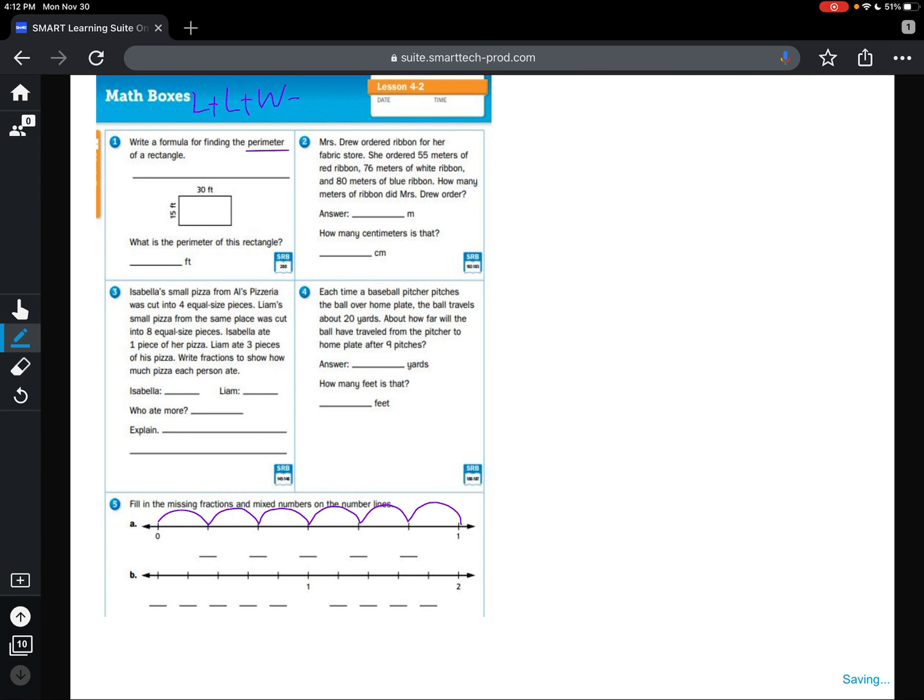So it's length plus width equals perimeter. You're going to have to do cubes for the other problems in this math box. And remember, in 1 meter, there are 100 centimeters. That's going to help you with number 2.